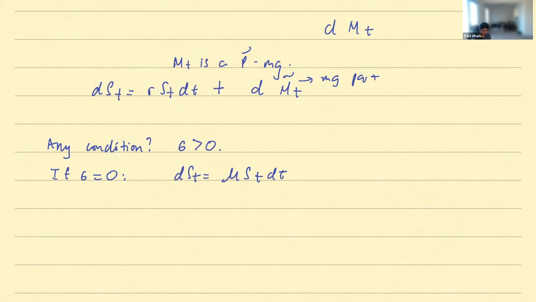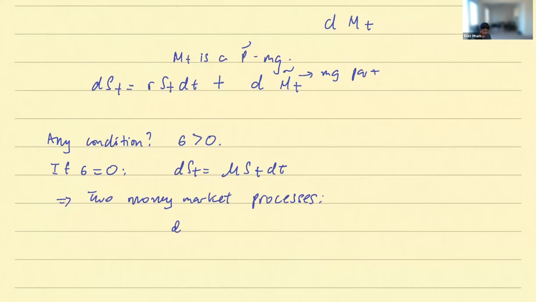Yes, it's clear because we have two cash accounts. Two money market processes. Where's the other one? The other one is the one that we never really even say: the bank account. So there are things that we leave unsaid until it comes up.